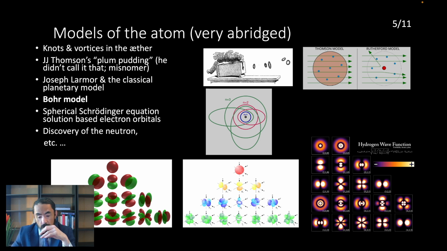One of the big breakthroughs in explaining the spectral line data was Niels Bohr's model of the atom. I'll talk about that a little more on the next slide. But it basically postulated that electron orbits are circular and stable, and so electrons are confined to these orbits in which they're not gaining or losing energy.